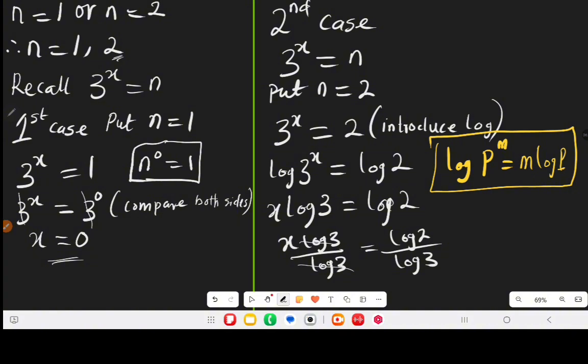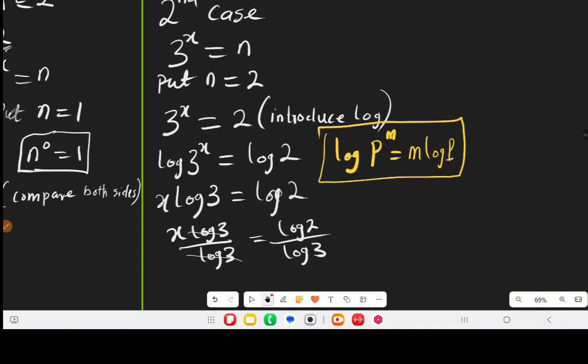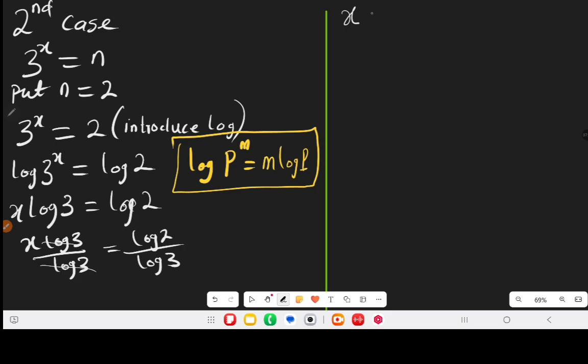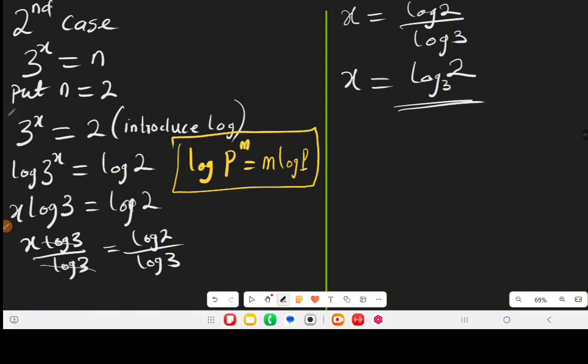We cancel log 3, left with x. Then x equals log 2 all over log 3, which is in base 10. Then we can rewrite this as x equals log 2 in base 3, which is the final answer.